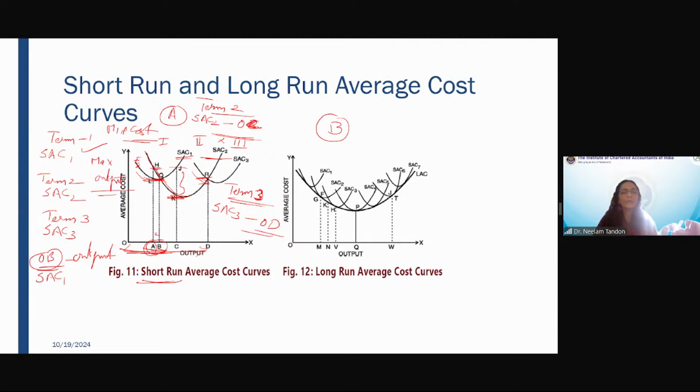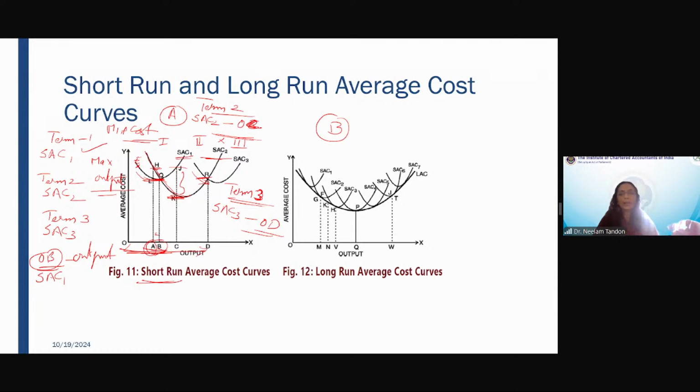But in the short term, the firm at each level of output has to select the short-term average cost curve which can be the most beneficial option for the firm. So this is the short-term average cost curve. I hope you understand it.